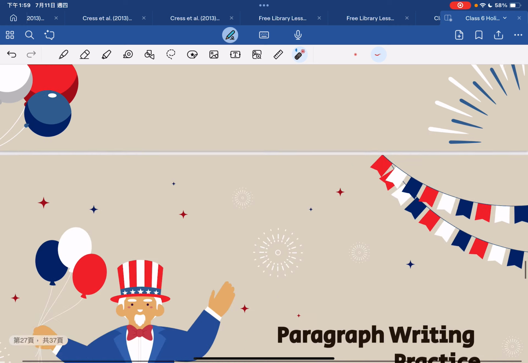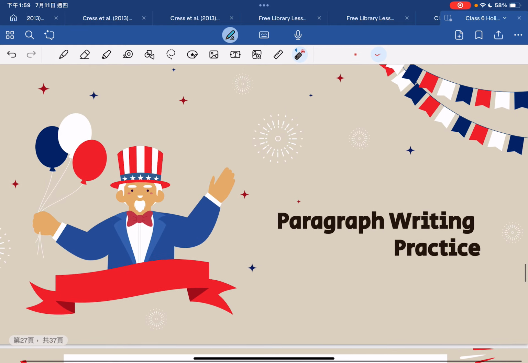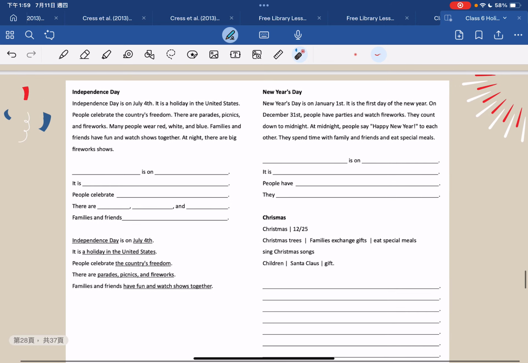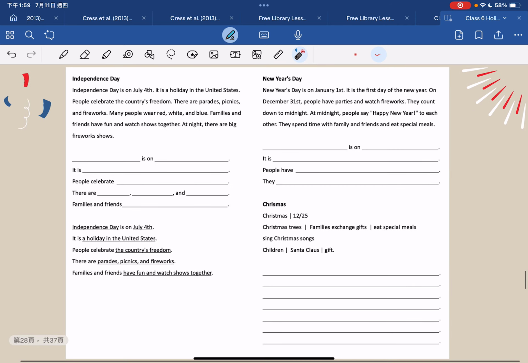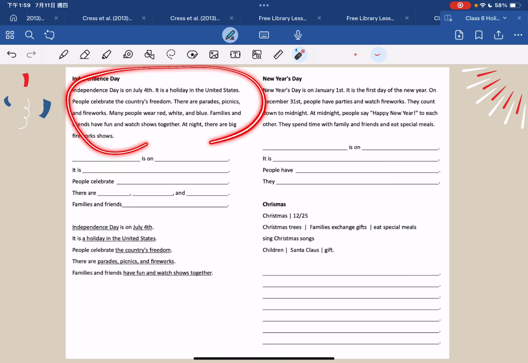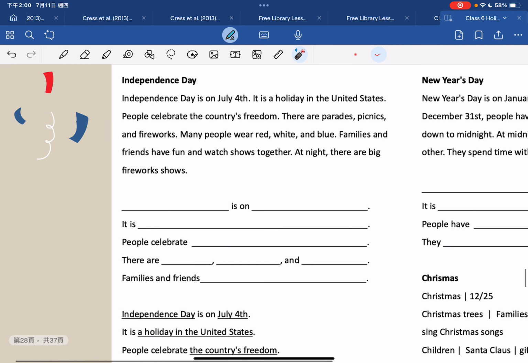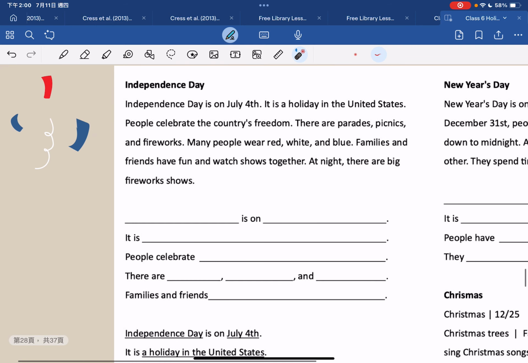Now it's time for the paragraph writing practice. If you have this handout, I give it to you. On the left, we have a group of words. When the words and the sentences are all together, it's a little hard for us to read, right? So how are we going to read it more easily? This is a short paragraph about Independence Day.